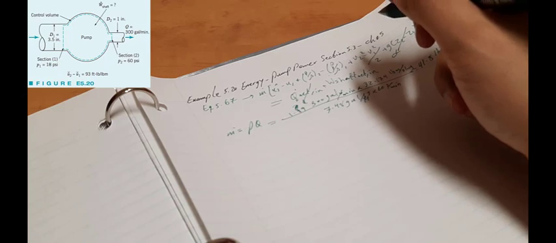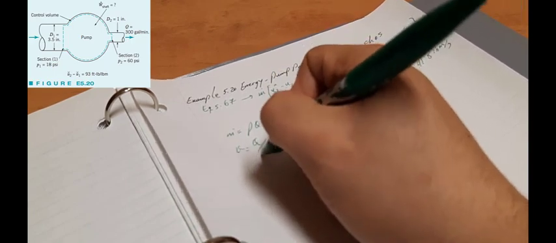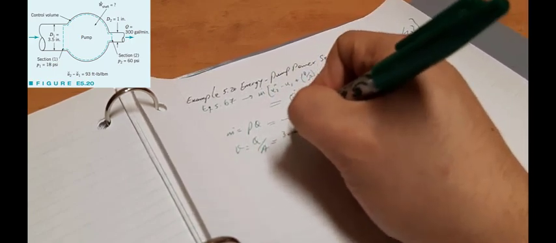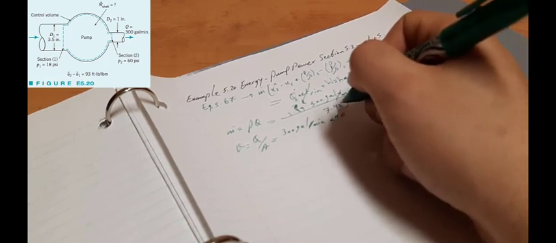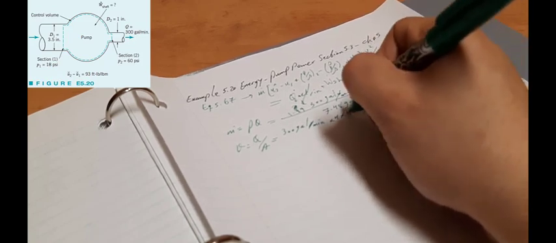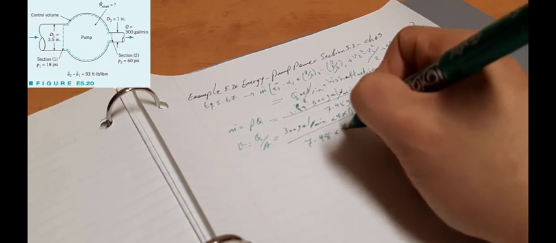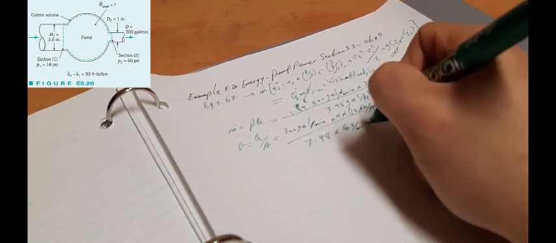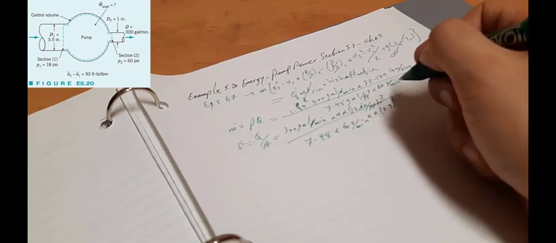For the velocity, we just have to calculate it based on the volume flow rate, Q divided by A, which is 300 gallon per minute, multiplied by 4, multiplied by 12 inch per feet to power 2, divided by 7.48 multiplied by 60 second per minute, multiplied by pi 3.5 to power 2.